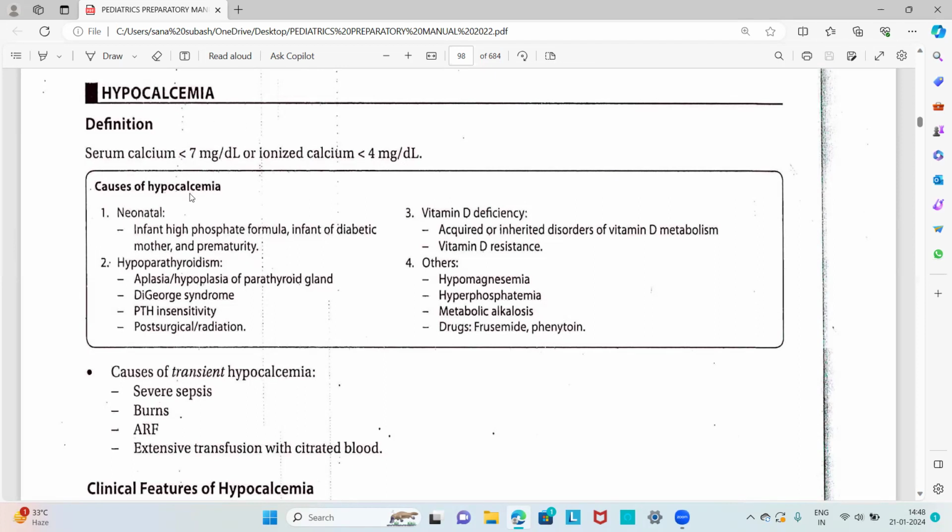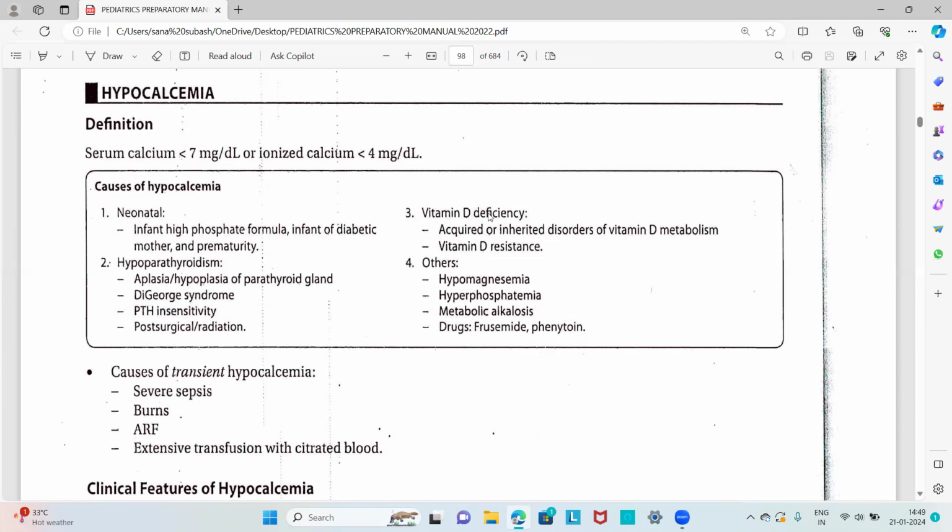That is the definition. And what is the etiology? That is, what are the causes of hypocalcemia? There are four different headings: neonatal causes, hypoparathyroidism, vitamin D deficiency, and others. In the neonatal group, infants fed high phosphate formula, infants of diabetic mothers, and prematurity all have hypocalcemia. Another heading is hypoparathyroidism. That is, aplasia or hypoplasia of the parathyroid gland, DiGeorge syndrome, parathyroid hormone insensitivity, and post-surgical or radiation causes lead to hypoparathyroidism, which in turn results in decreased serum calcium, that is hypocalcemia.